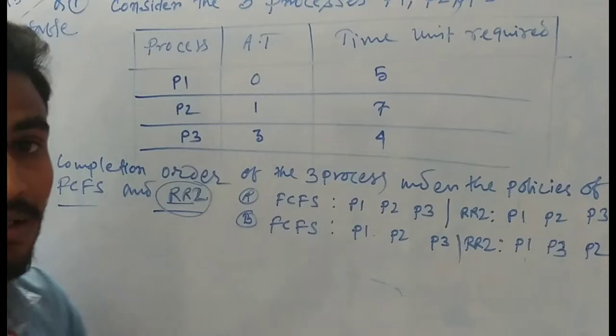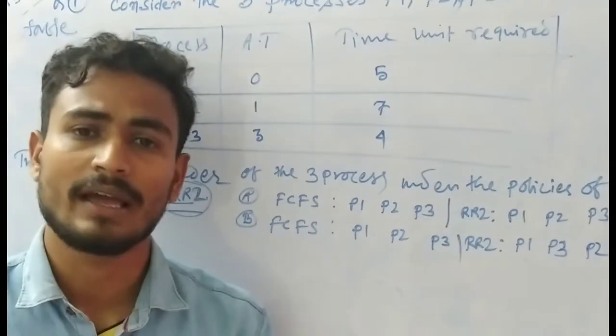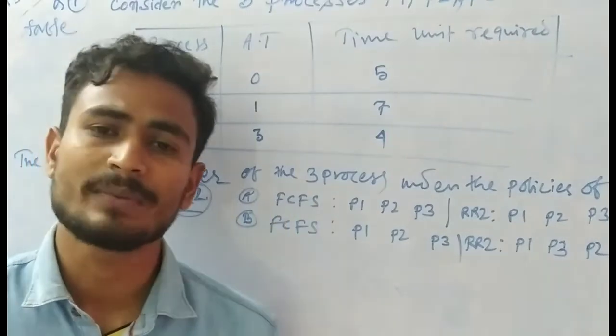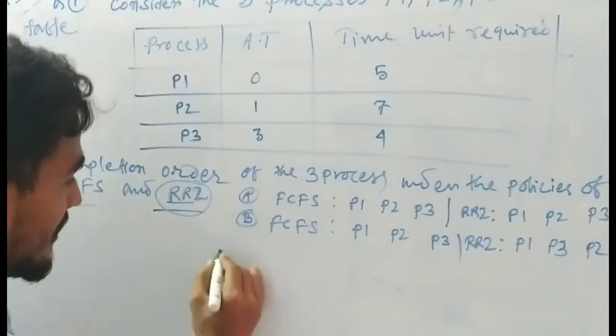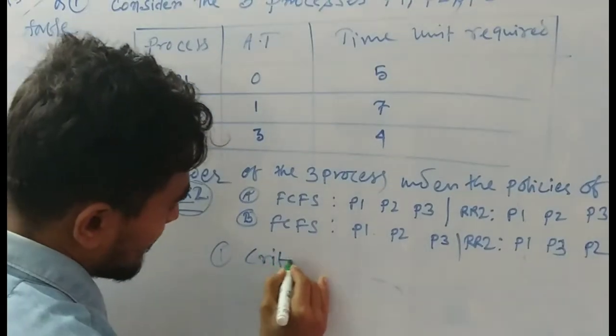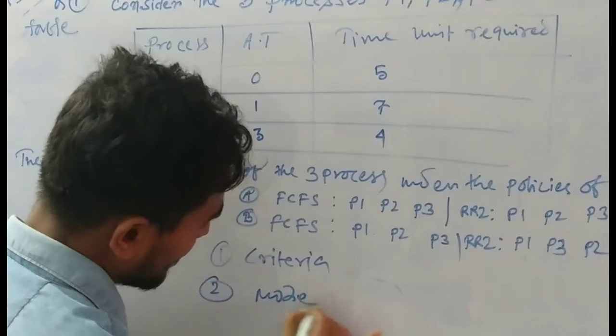We also know that for each and every CPU scheduling algorithm, there are two most important things: one is the criteria, and another is the mode.